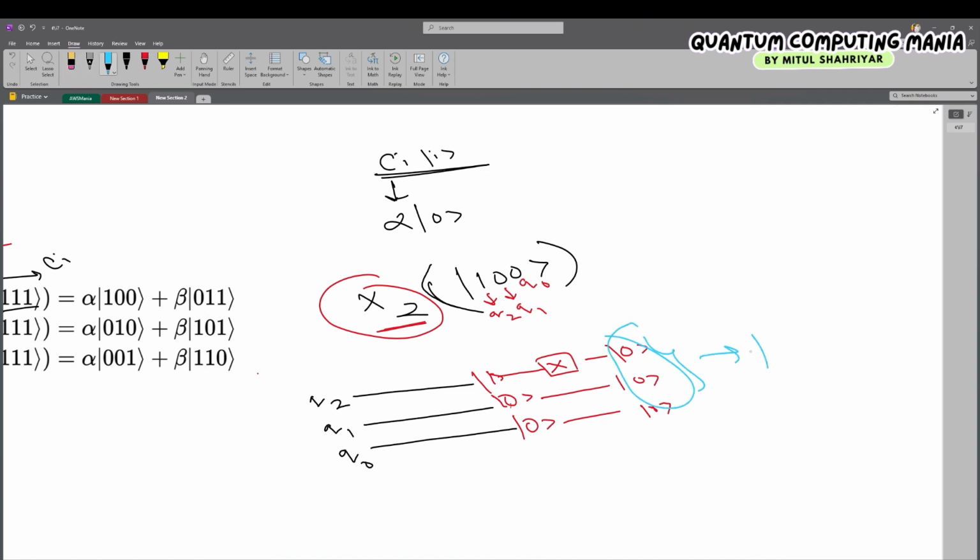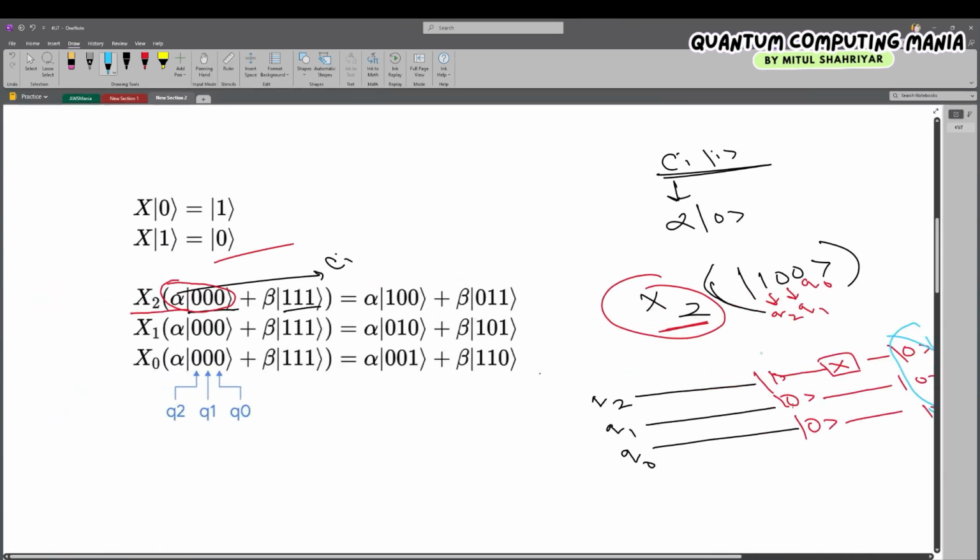Again, we'll write that in this manner. You see, first will be qubit 2, second will be qubit 1, last will be qubit 0. So the qubit 2 value is 0, the middle q1 value is 0, q0 value is 0. This is actually 0. Great. So this is how it works, right? Now it should be pretty easy for you to understand that.